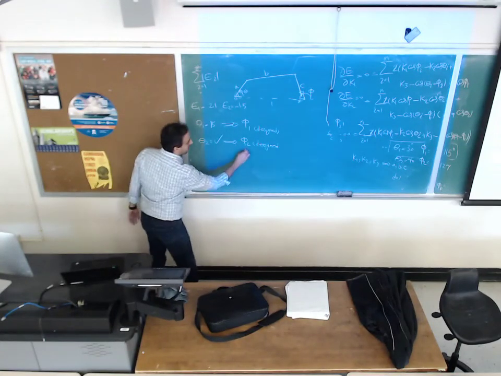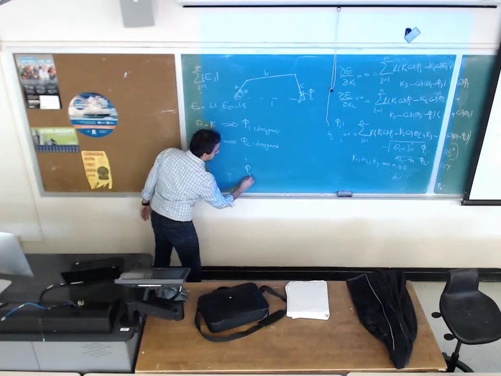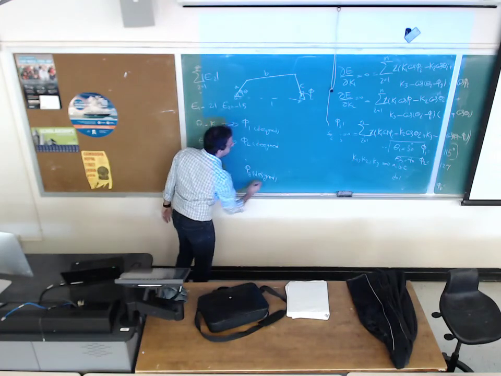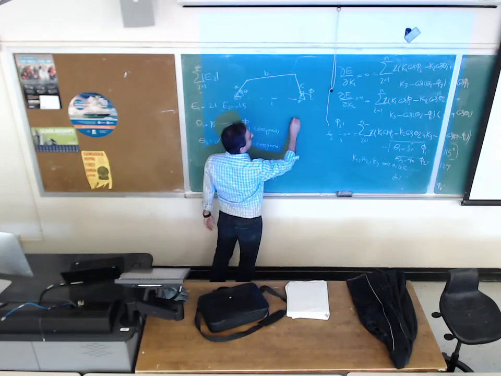So you will find 8 design values for phi. What would be the phi 1 desired?